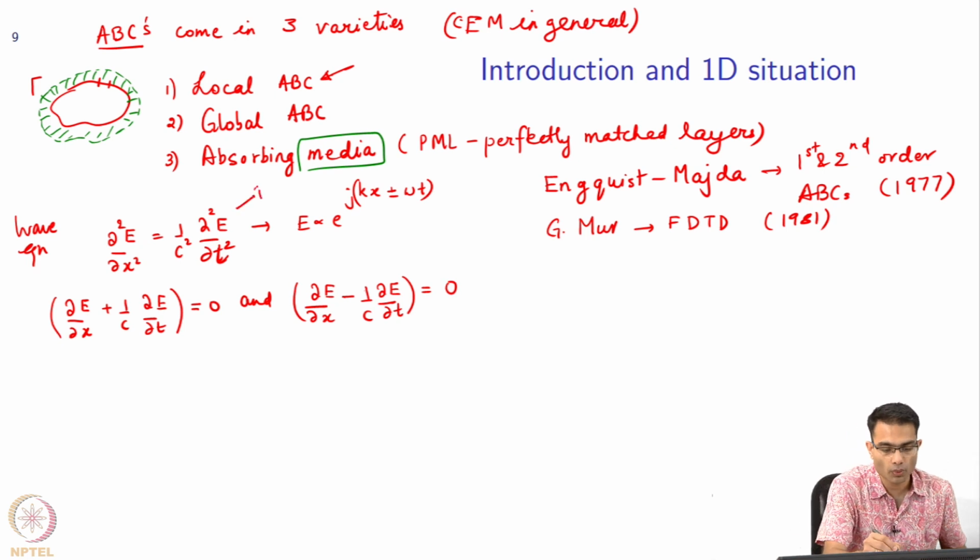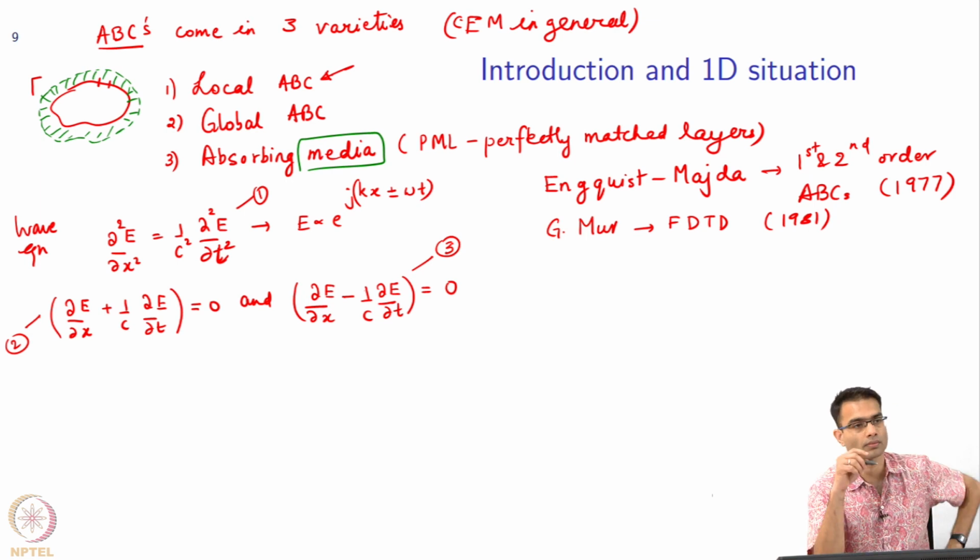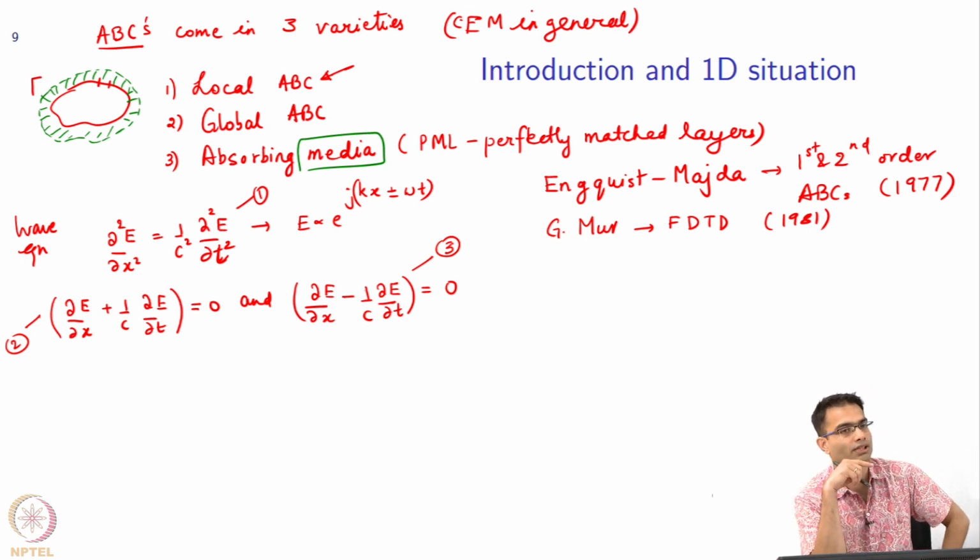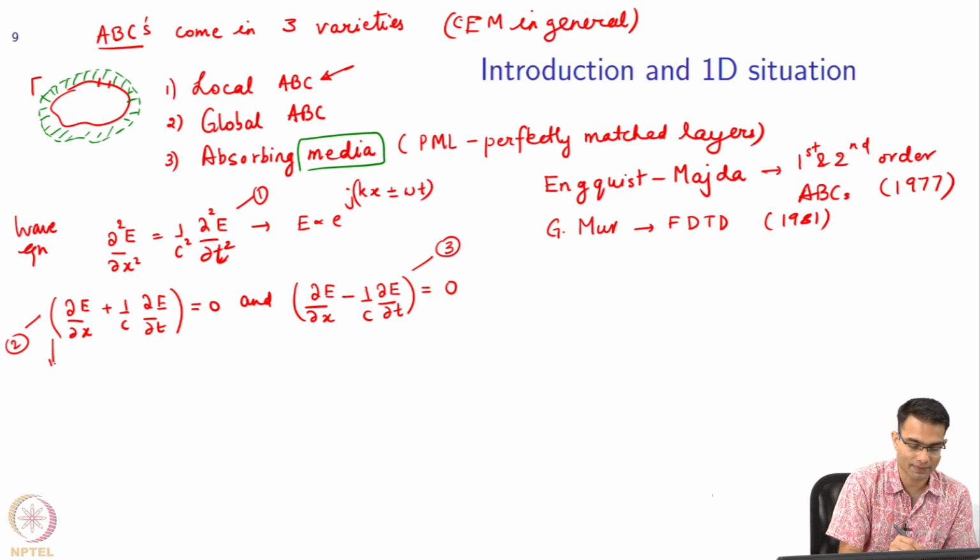So, equation 1 was satisfied by both the solutions, left going and right going wave, right. What about equations 2 and 3? Do they also satisfy both left and right wave?